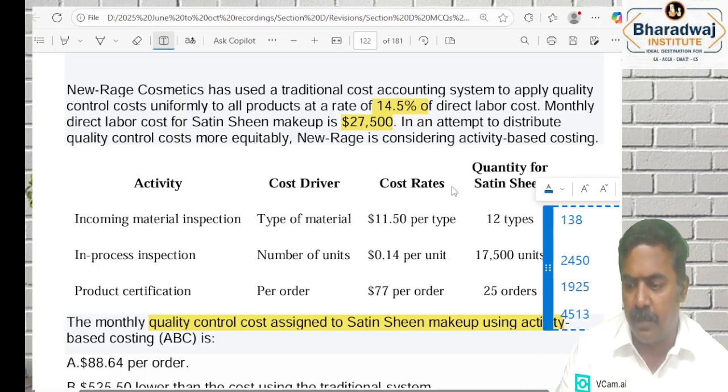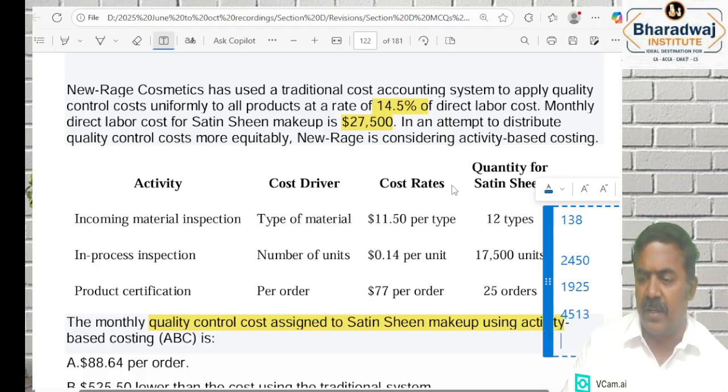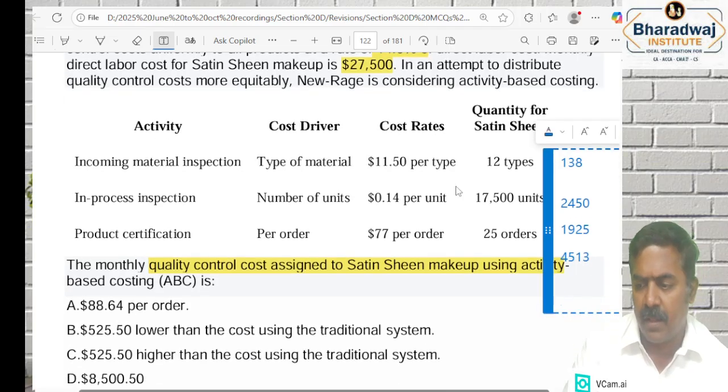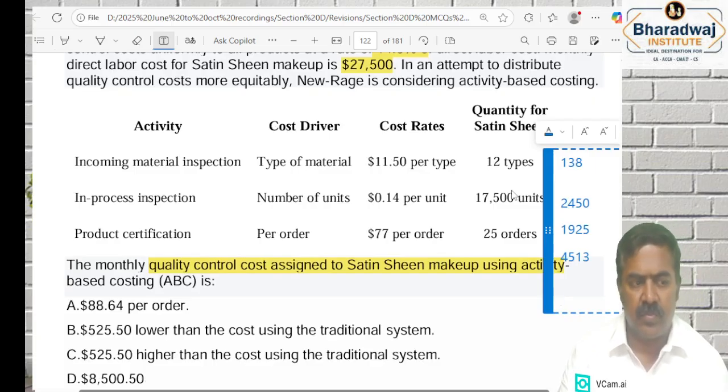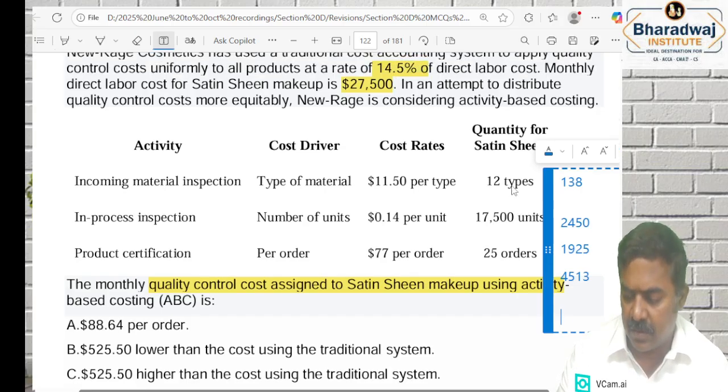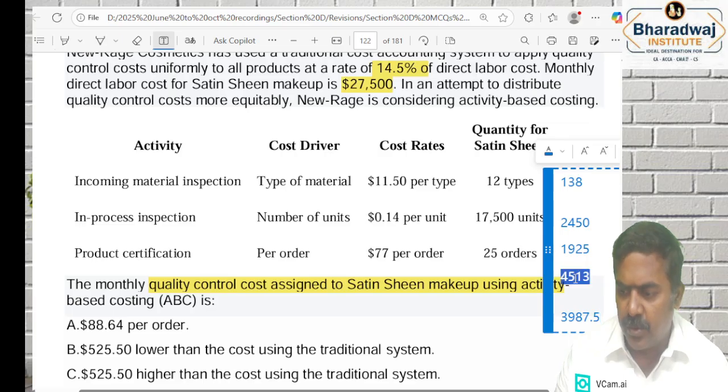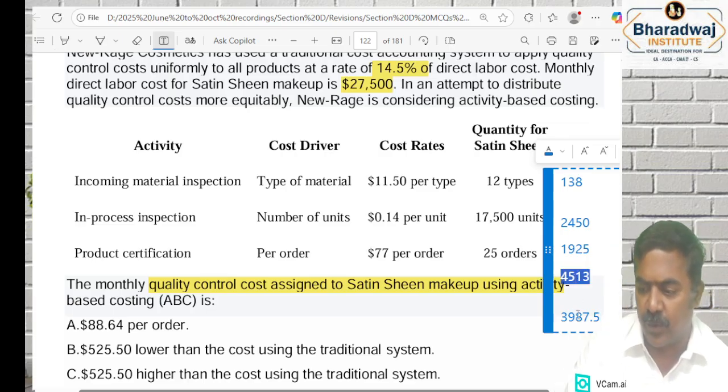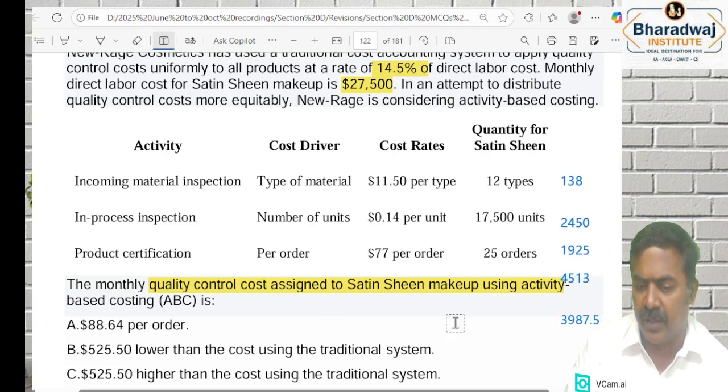If you apply 14.5% of 27,500, how much? 3987.5. So, using the activity-based costing system, it is 4513. Traditional method, it is 3987.5.